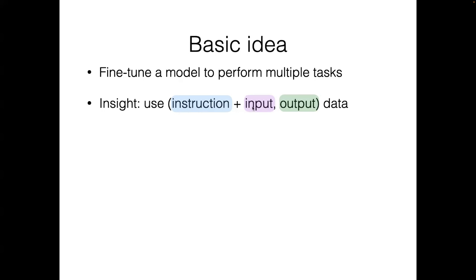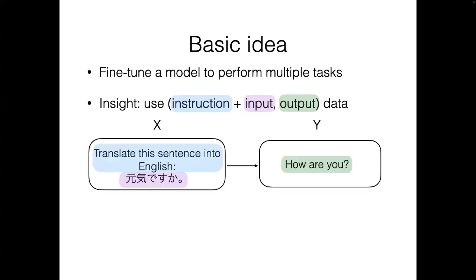Then we give a model an input from the task and an output from the task. An example is here: we could view this as an instruction, and it's describing the task. It's saying that this task is translation into English, and then we give it an input in Japanese, and then it knows what task to perform and gives a translation.